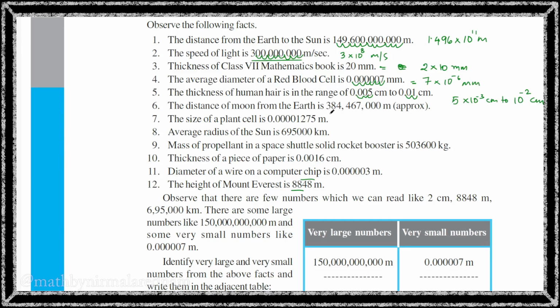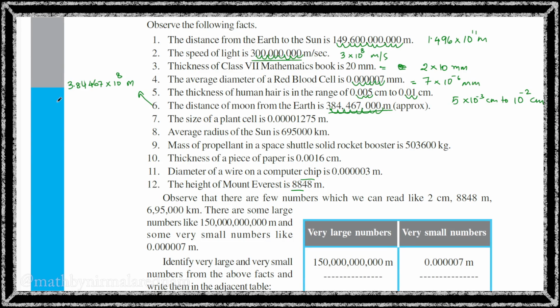Now distance, which is given in meters. So I have the sixth question, I'm going to write here 3.84467. Okay, 3.84467. So the decimal is moving from here 1, 2, 3, 4, 5, 6, 7, 8. 10 power 8 meters. So that is the answer.